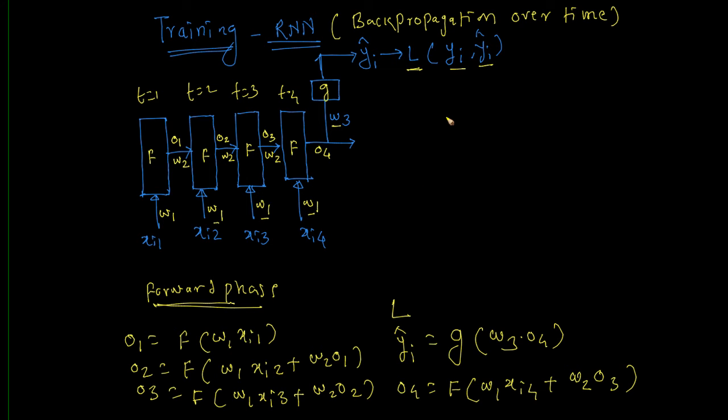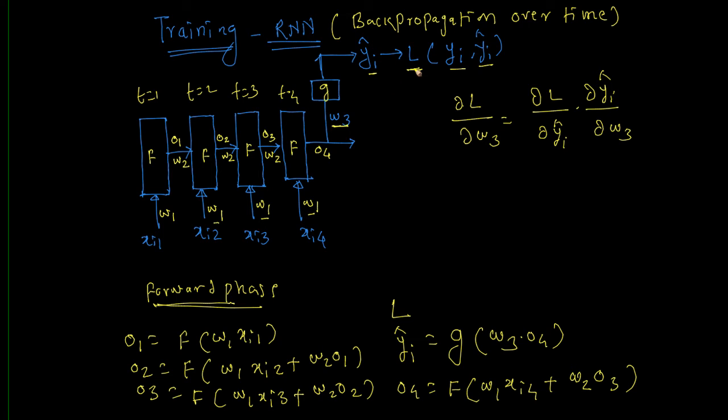Let's see how we can update the weights by computing the derivatives. We must be able to compute the derivatives of loss with respect to weight. The derivative of loss with respect to W3 is equal to the derivative of loss with respect to yi hat, and then the derivative of yi hat with respect to W3.